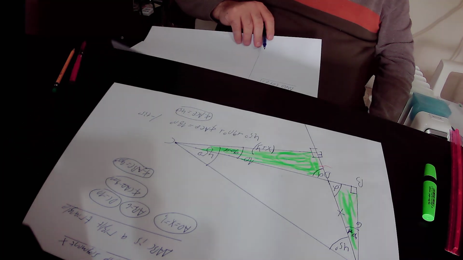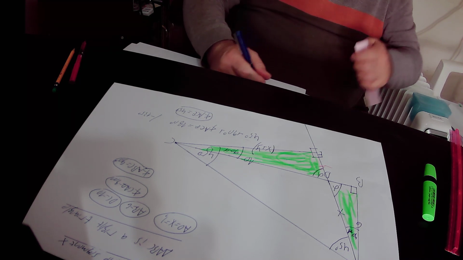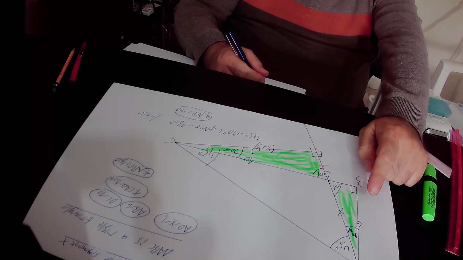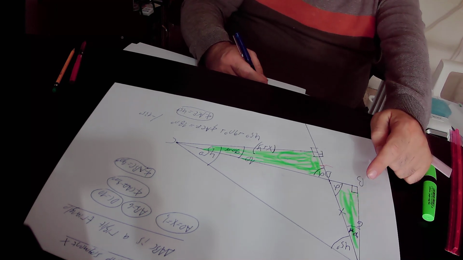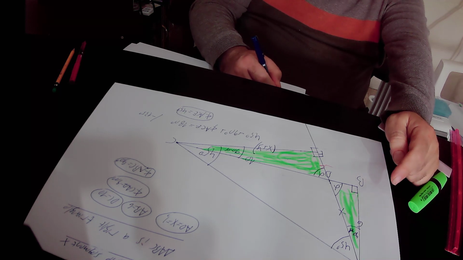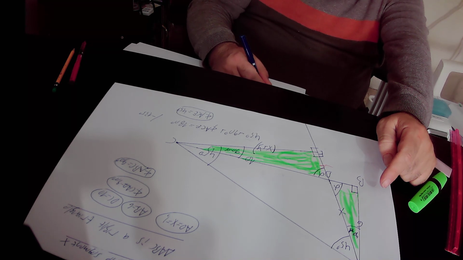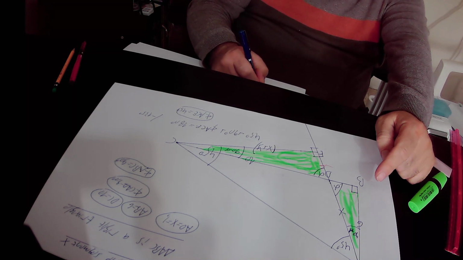According to the Pythagoras theorem, the square of the hypotenuse equals the sum of the squares of the perpendiculars. The hypotenuse is AD, so the square of the hypotenuse is AD squared, and it is equal to the sum of the squares of the perpendiculars. That is to say, it equals AB squared plus BD squared.